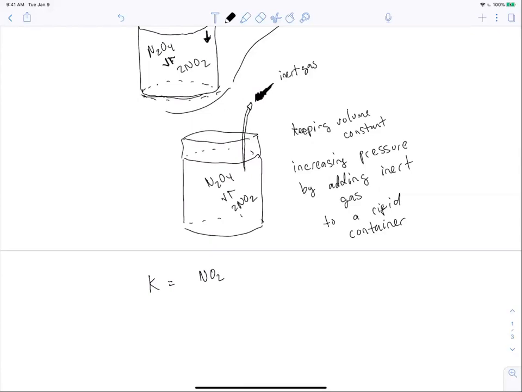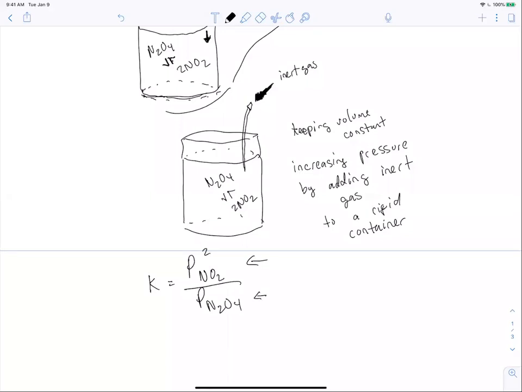So before, when we were changing the volume, we had this effect where the volume for the numerator would change faster than the denominator.